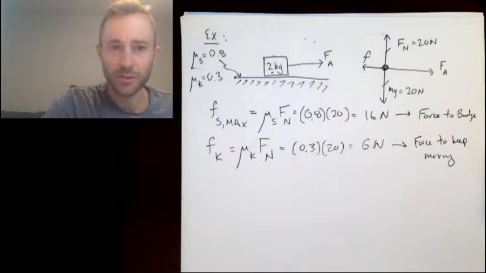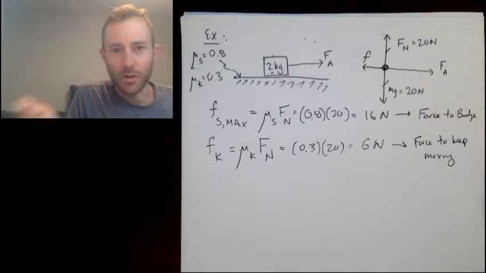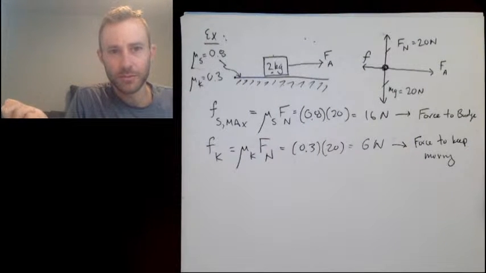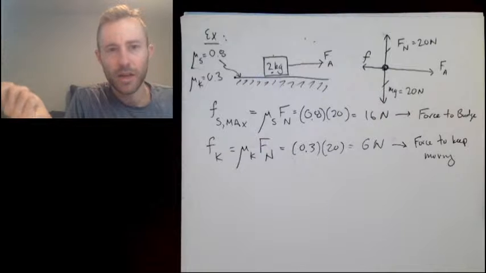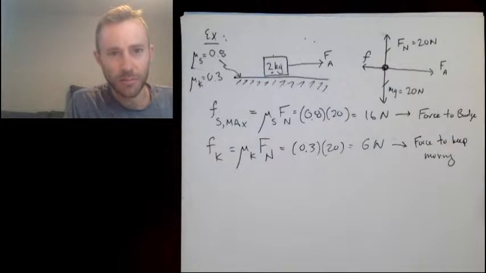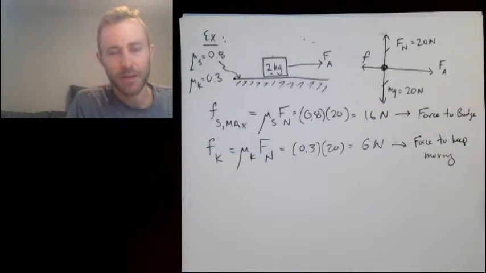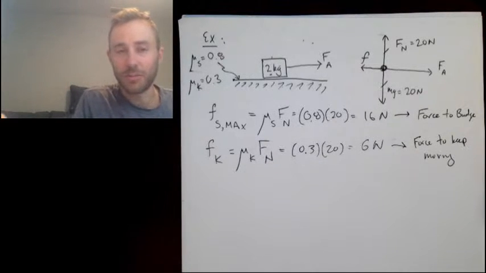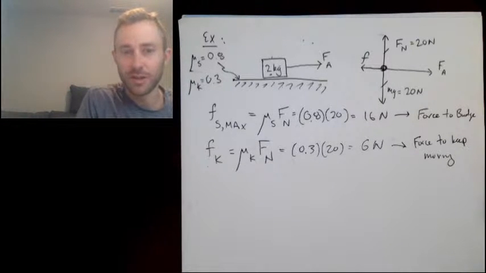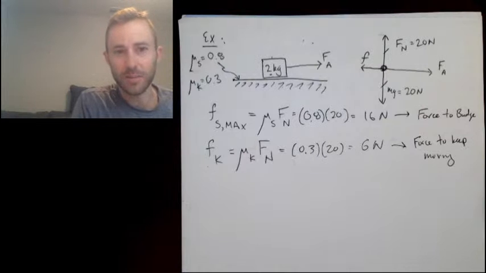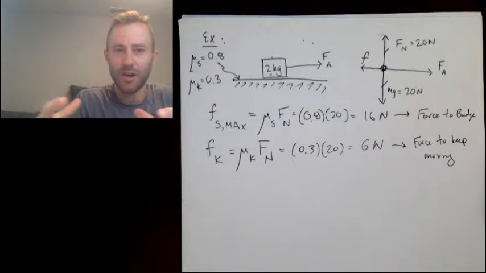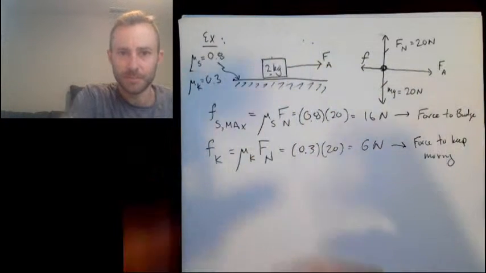If the object is sliding and you're only applying 5 newtons, then it's going to slow to a stop eventually. If it's sliding and you're applying 6 newtons, then you're applying just enough to keep it moving, so it's going to continue to slide at a constant speed.